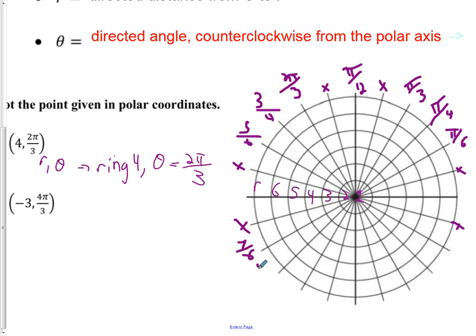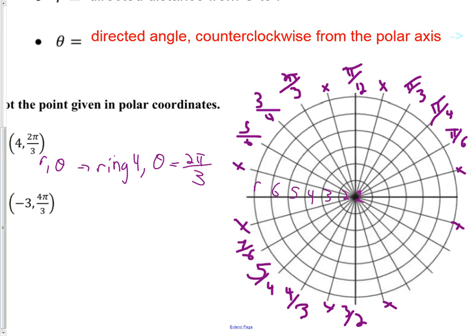So this would be 5 fourths pi, and we got 4 thirds. All right, we kind of have 3 in a row. Don't have this one, 3 halves, and continuing. So then don't have this one, 5 thirds, this is 6 fourths, 7 fourths, and 11 sixths.